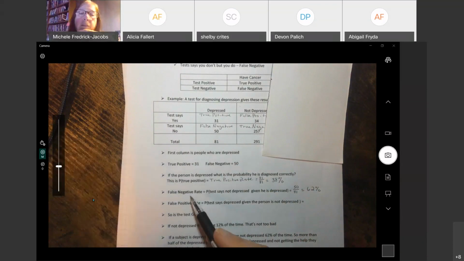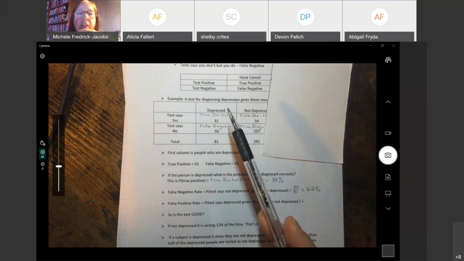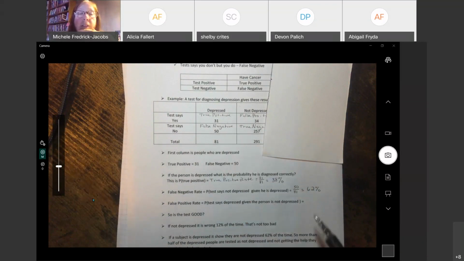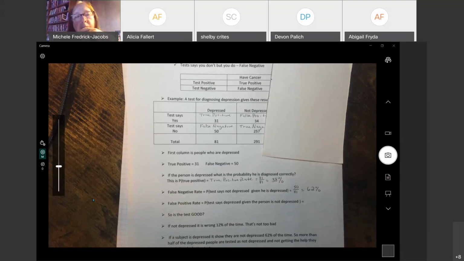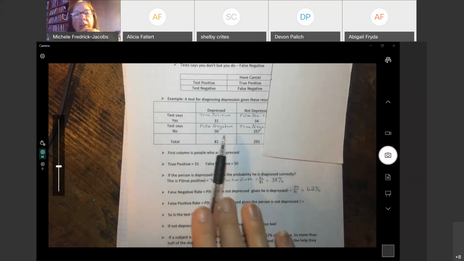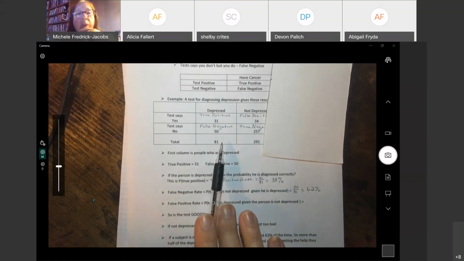So the false negative rate is 62%. Of those depressed, this test is wrong 62% of the time. Any questions on that? So looking for the rates, make sure the tests go across, and then you just use the total below it.